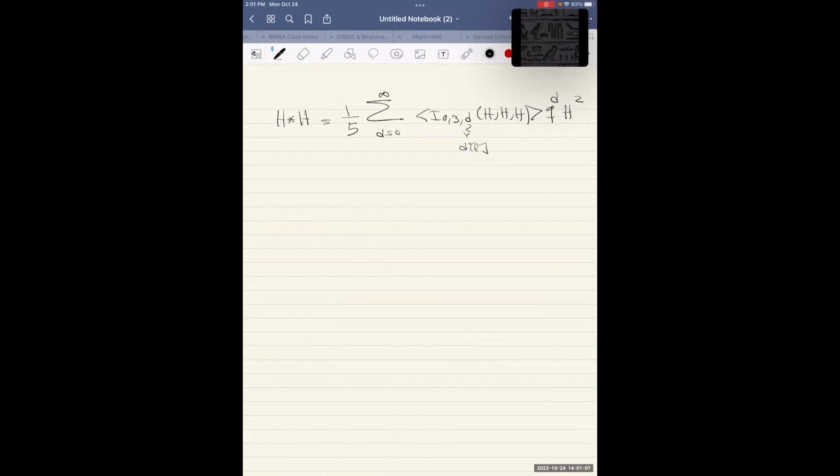On the other hand, we also know that this 3-point function is the same as, by what we just showed, the quantum product of HHH, and this is also equal to I_{0,3,d}(H,H,H) Q to the d.